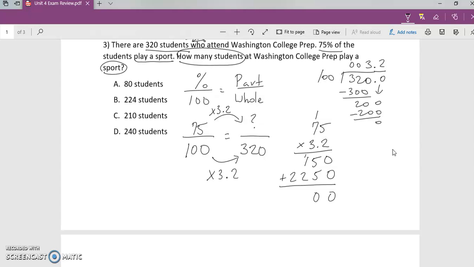Carry that 1. 1 plus 2 is 3, plus that extra 1 is 4. And then the 2 just gets brought down. And I have 0 decimal places here, but 1 decimal place here. So that's where I put it. So how many total students would it be? 240 students. So the correct answer is letter D.